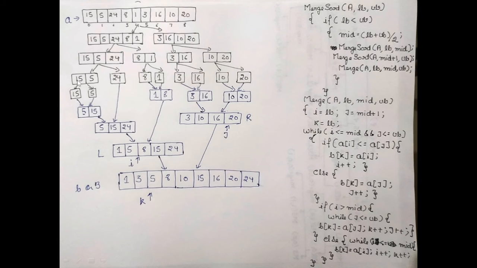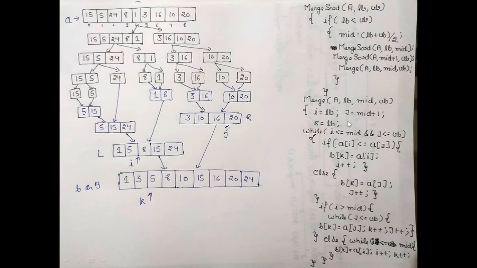In this case, 15 is left, 5 is right, and this combined form is b. So don't get confused. i is pointing to the first element of 15, the lower bound, j is pointing to the first element of right, and k is pointing to the first element of merged, which is empty right now.